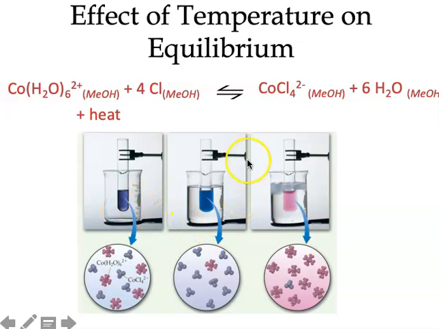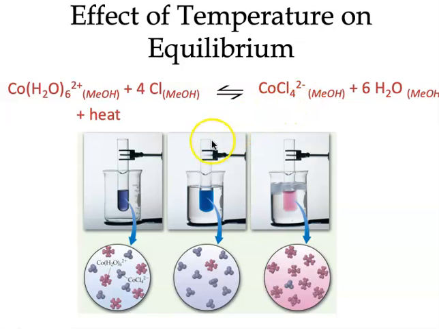Well, what is happening in these beakers, which isn't entirely obvious, is in this particular beaker, there's water that's really, really warm, right? And what you can notice is that if I make that beaker really, really warm, right, I'm essentially adding that particular reactant. And so, of course, this thing is going to shift towards the blue side, and it consumes just about all those pink cobalt hydrate species.